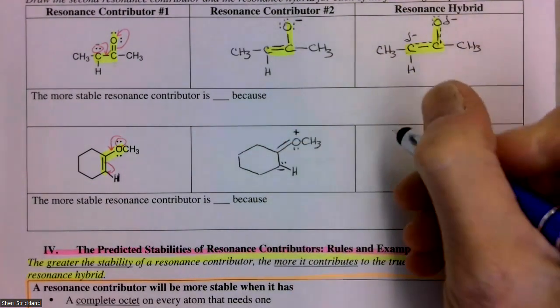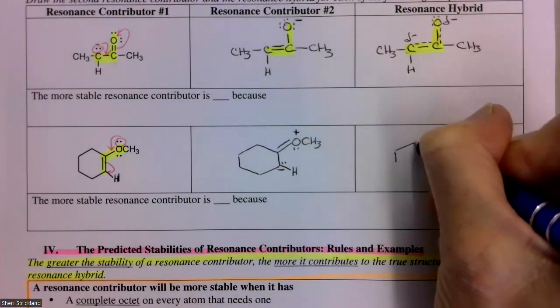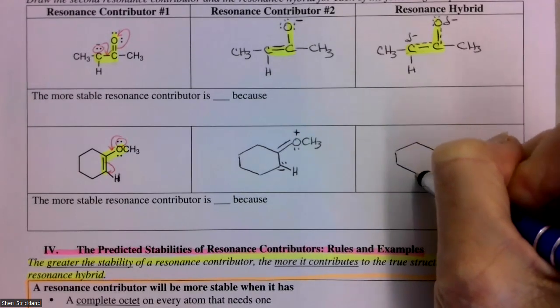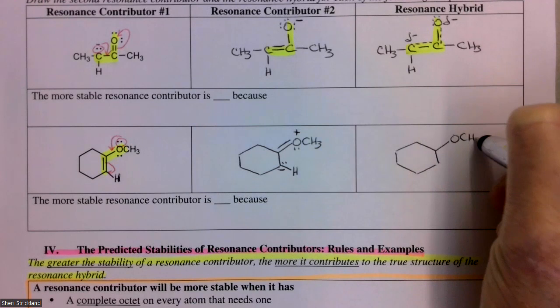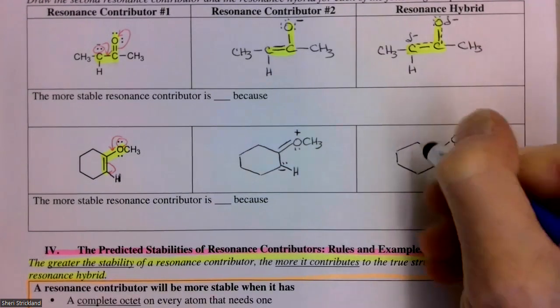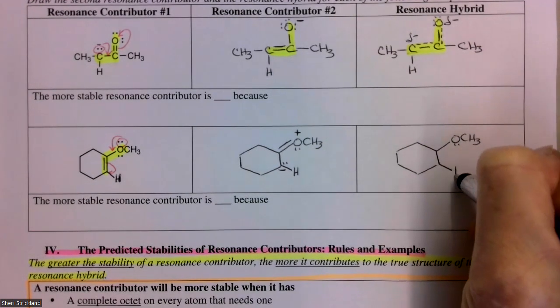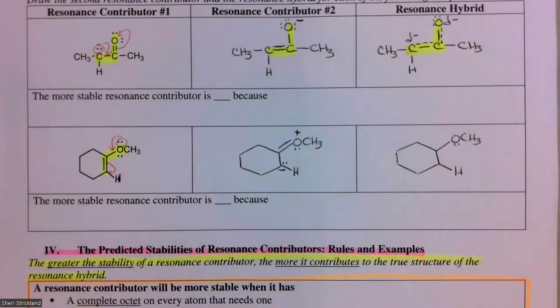So in terms of the resonance hybrid, what have we got? I'm going to put the atoms in, and the one pair of non-bonding electrons that doesn't go anywhere. I want you to draw the resonance hybrid. So pause the video, draw the resonance hybrid, including the partial charges, and come back.